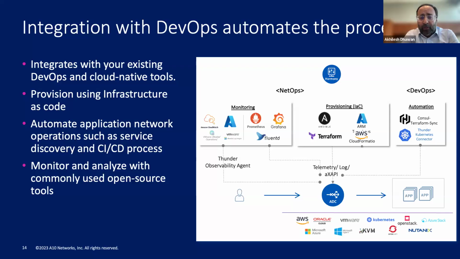If you're using Consul from HashiCorp or Kubernetes, there are solutions such that if you have to spin up new servers for running new applications or add additional instances of applications, it should spawn the ADC or the load balancer to automatically load balance the new application instances. That allows you to turn around faster. It automates a lot of the manual steps that an admin has to do otherwise, and it readily integrates the new servers without having to go through a formal IT process that may sometimes take weeks.